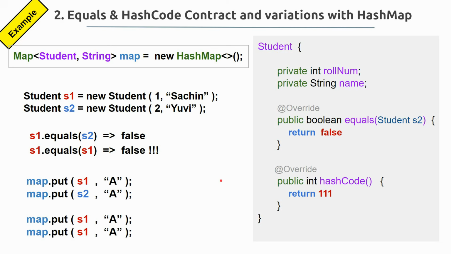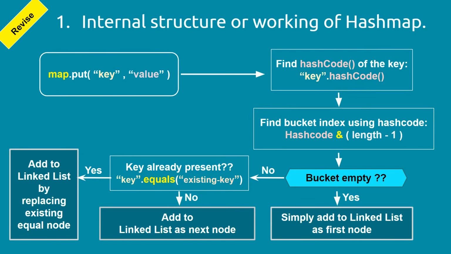So let's try to put those objects into the hashmap. First we'll try to put S1, then S2, then again S1, and then again S1. And let's try to find out what happens. But before we go ahead, let's quickly summarize the put process. When we want to put a key-value pair in the hashmap, the JVM will find the hashcode of the key, and then calculate the bucket index from the hashcode using the formula. Now the JVM knows the bucket index, so there is a possibility that the bucket is not empty, meaning it will be a hash collision.